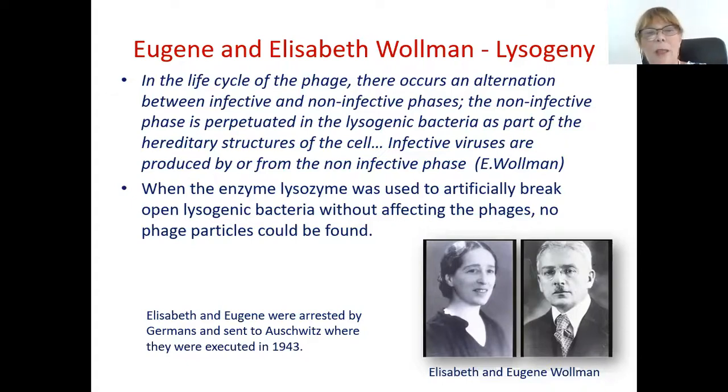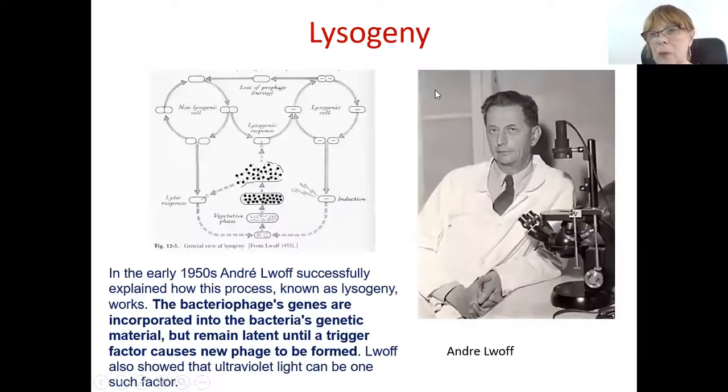And when they applied the enzyme lysozyme, they artificially broke the bacteria, and they couldn't see live bacteriophages inside. Unfortunately, these people couldn't continue their experiments because Elizabeth and Eugenie were arrested by Germans in Paris and sent to Auschwitz, where they were executed in 1943.